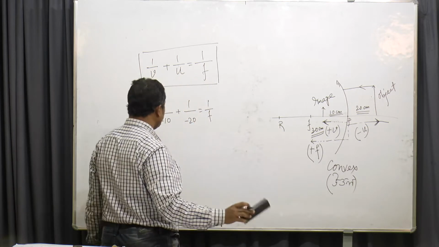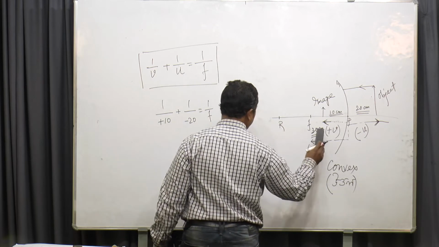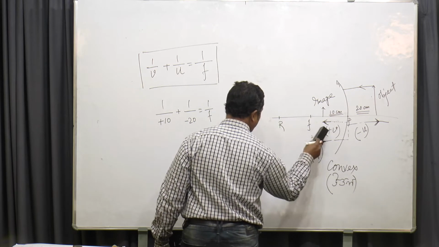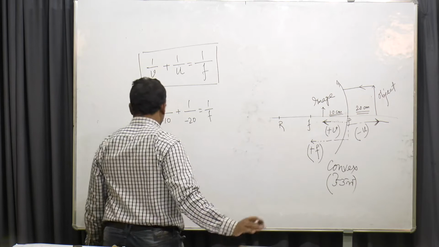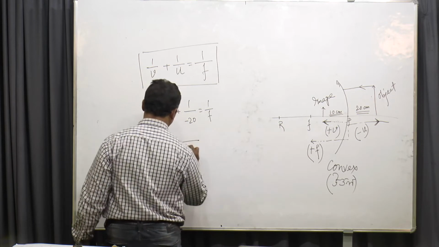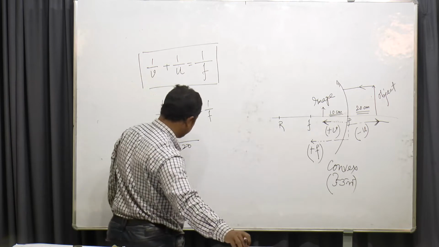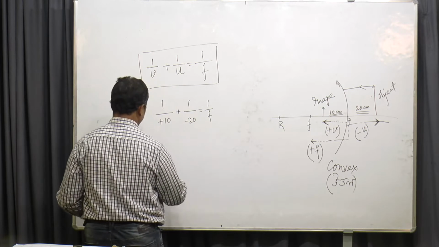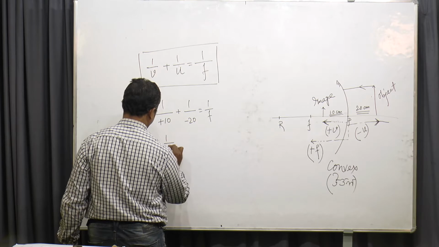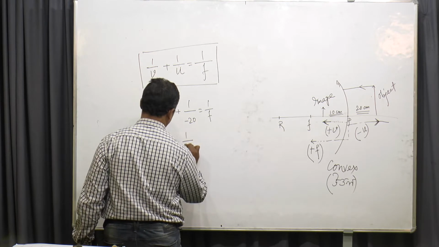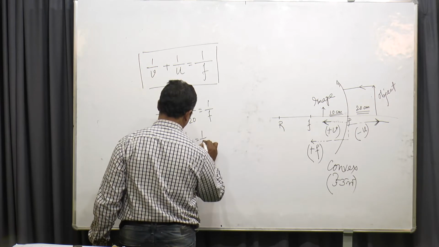So if I calculate this value of f, what exactly does the value come to? So the equation becomes 1 by 10 minus 1 by 20 is equal to 1 by f.